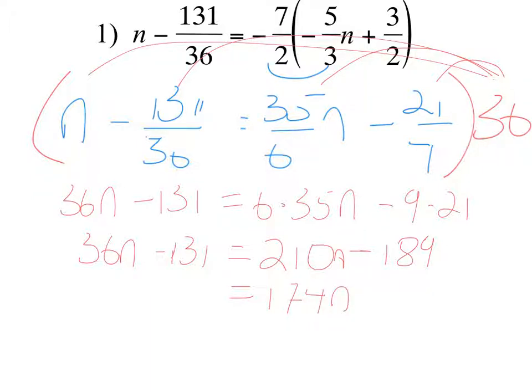And if I add 189 to both sides, 189 plus negative 131 is going to be 68. When I divide both sides by 174, we get n is equal to 1 over 3. After you reduce 68 over 174.